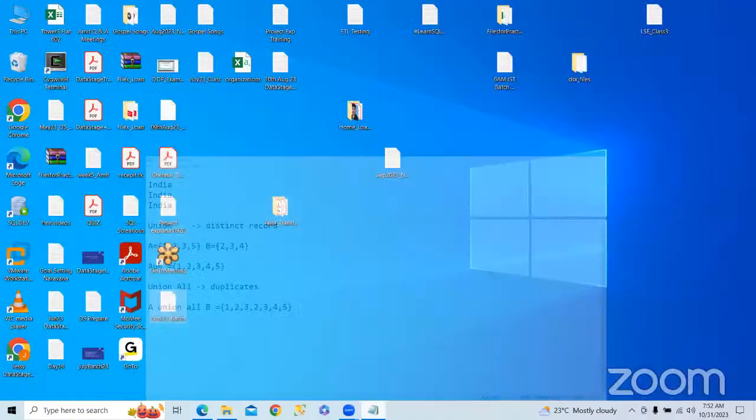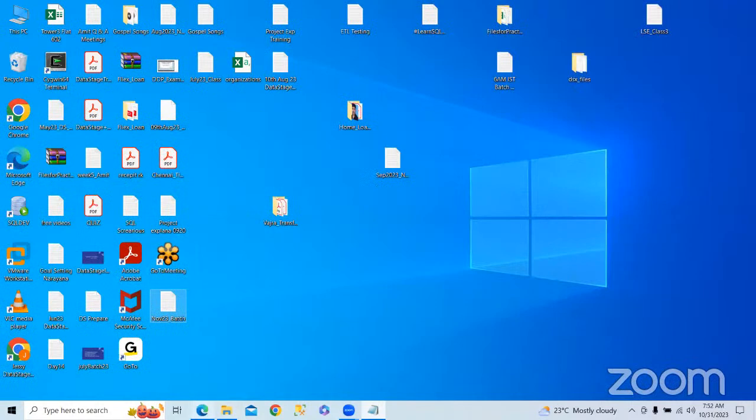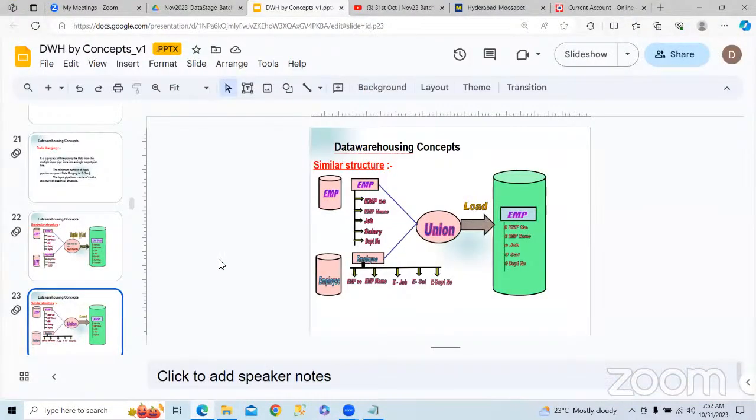Here I will be combining the data from multiple files, if they have a similar structure, but I don't want duplicates to be loaded. In a data warehousing system, we never load duplicated data. There is no point in loading duplicated data; it's a space issue. We remove the duplicates and load the data with unique records.